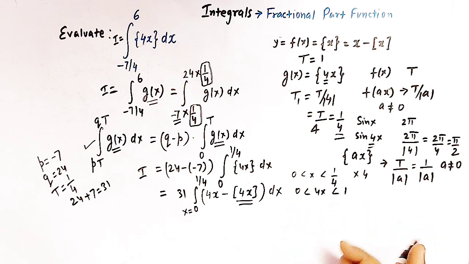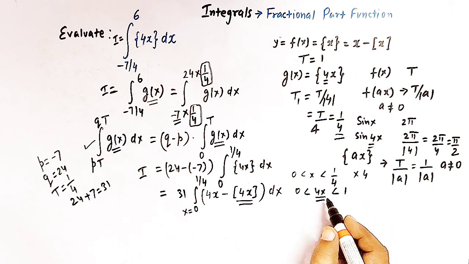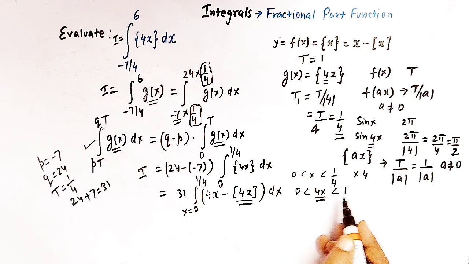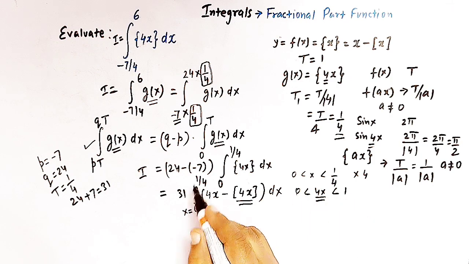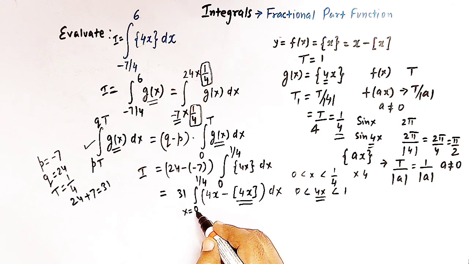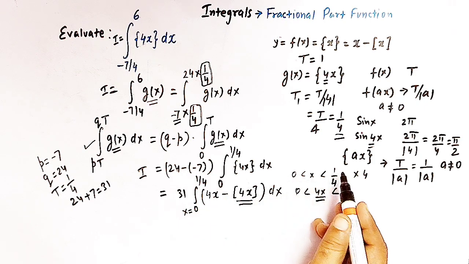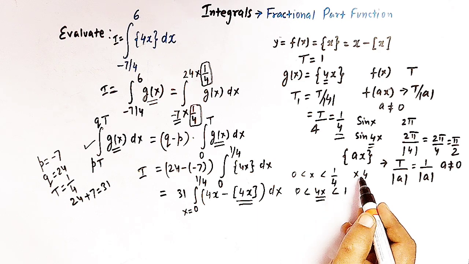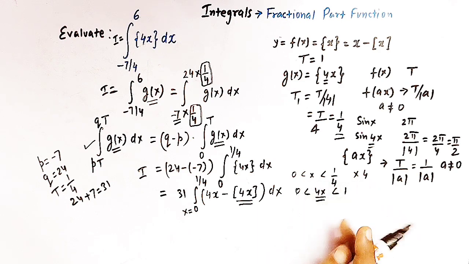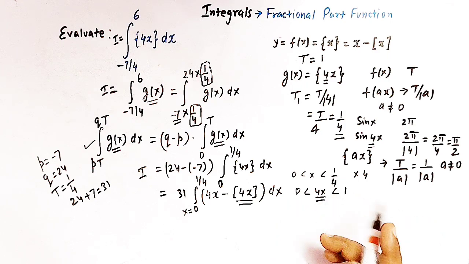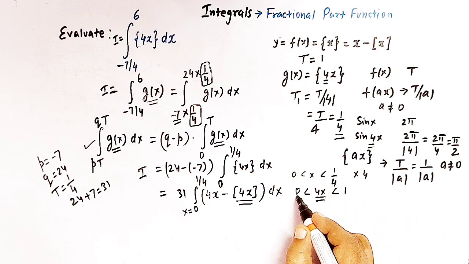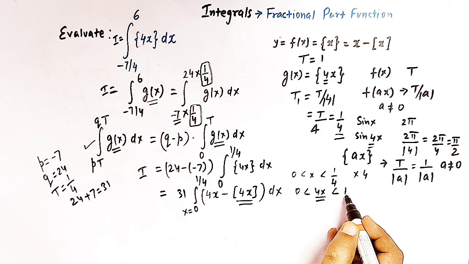So this inequality suggests that 4x lies between 0 and 1.